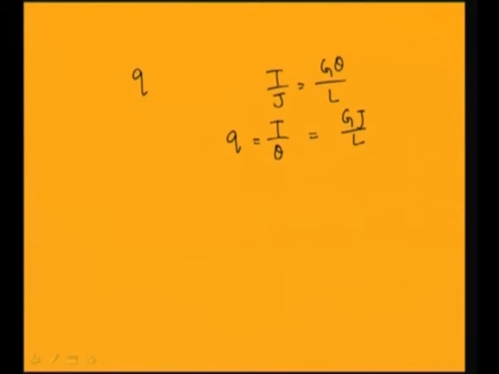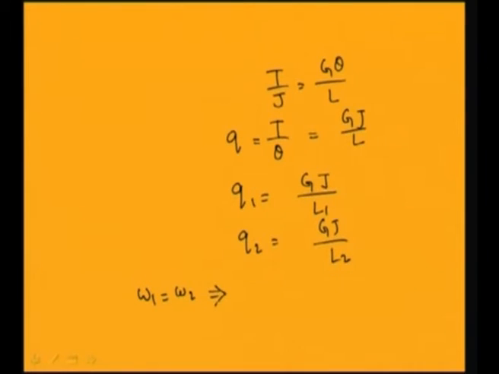So, you can have Q1 equal to G J by L1, as I am taking the same rod. Similarly, I can write Q2 equal to G J by L2. As the natural frequency is same for both the parts, I can write omega 1 equal to omega 2.